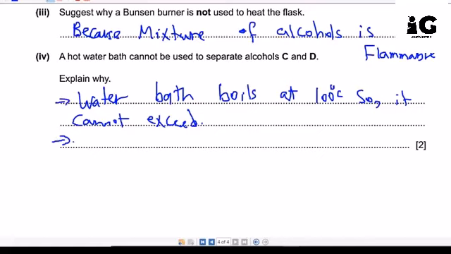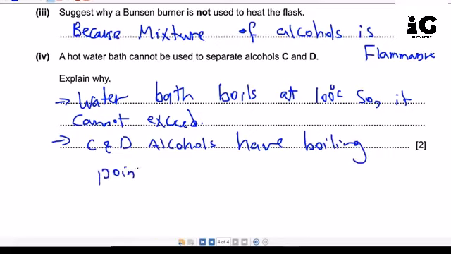And the second point, so C and D alcohols have boiling points more than 100 degrees Celsius.